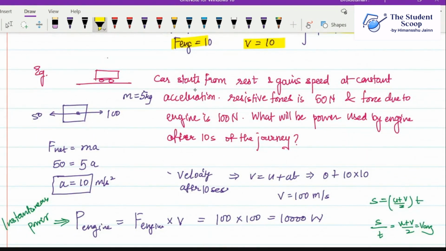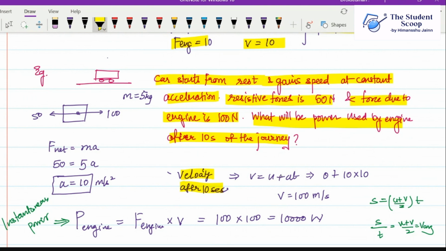Okay, a car starts from rest and gains some speed at a constant acceleration. So there is a constant acceleration here from the beginning itself. Now resistive force is 50 newtons and the force due to engine is 100 newtons. Okay, what will be the power used by the engine after 10 seconds of the journey? So first we will consider what will be the velocity of the object after 10 seconds of journey.